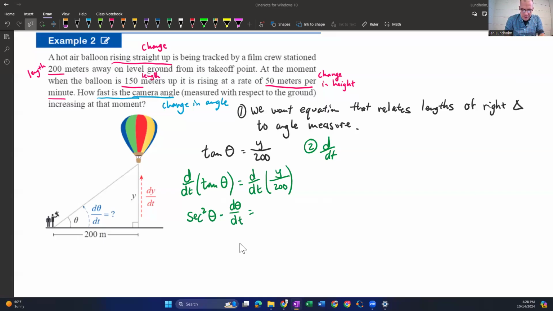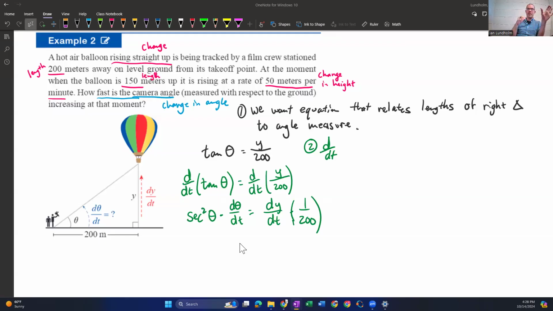This is just a nice linear function. That'll be dy dt, and we've still got that factor of 1 over 200 coming along, so I'll write that there too, maybe in parentheses. But yeah, that's what it looks like to take the derivative of everything with respect to t.